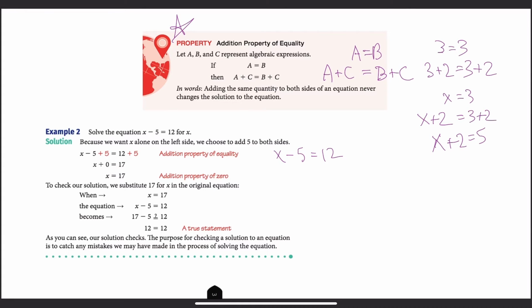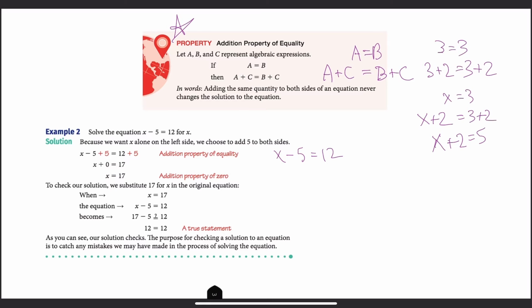Here is one way we can find it using the addition property of equality. It says if one side of an equation equals another side of an equation, what I can do is add something to one side as long as I do it to the other side as well. So as long as I add it to both sides. In this case, if I were to add 5 to this minus 5, well, minus 5 plus 5 makes 0.